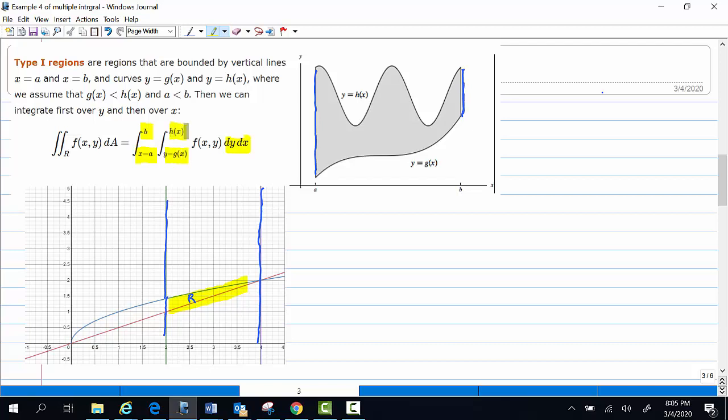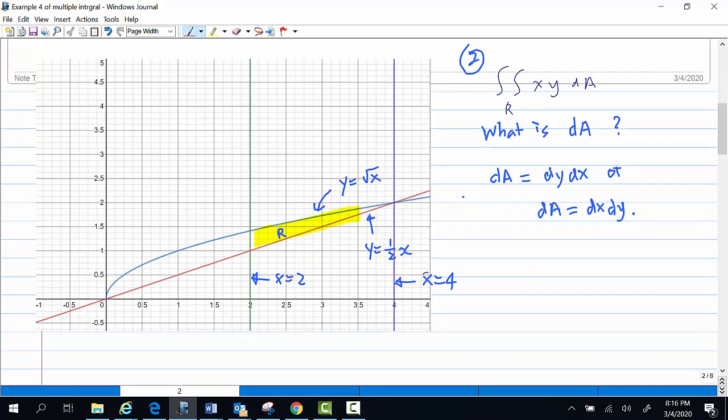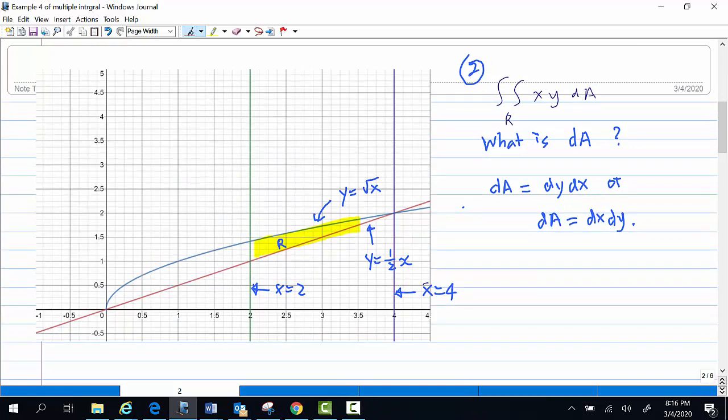I'll explain this later, but this is a type 1 region. Therefore, for step 2, we find out that dA in this case is equal to dy dx, as it is a type 1 region.